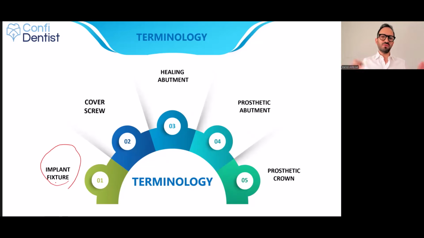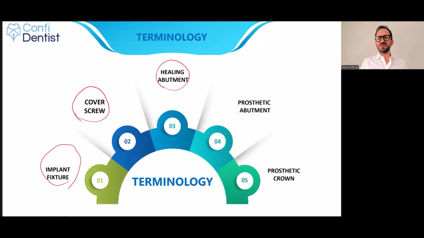You raise the flap, or if you do flapless, you place the implant surgically after drilling the bone. And then based on the initial stability and the protocol you follow, you may place a healing abutment or a cover screw on top.